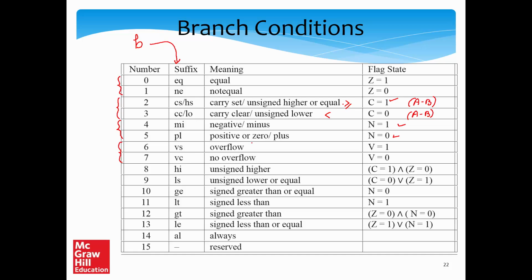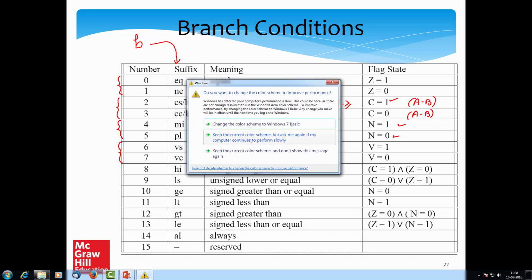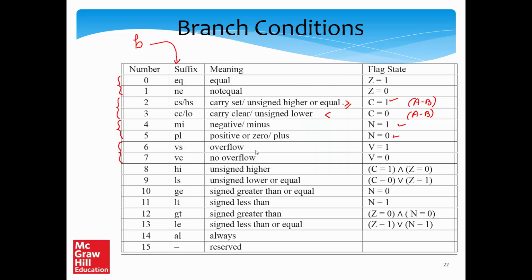Consider a 32-bit system, and let's say we multiply, and the product requires more than 32 bits. Then we either allocate more bits or we signal an overflow. So overflow means the result cannot fit within 32 bits. The overflow flag will be 1, and in the case of no overflow, the overflow flag will be 0.